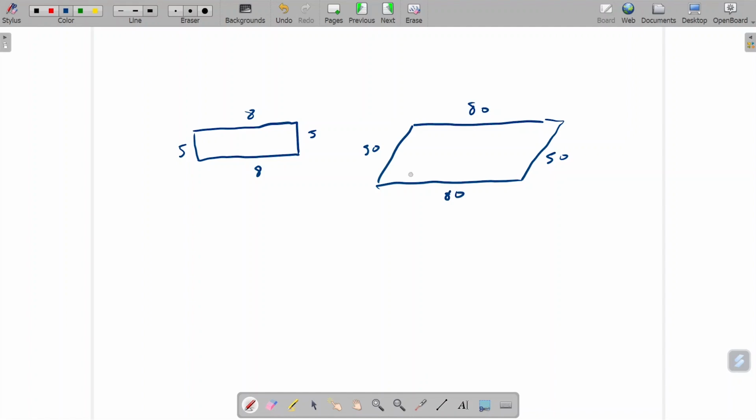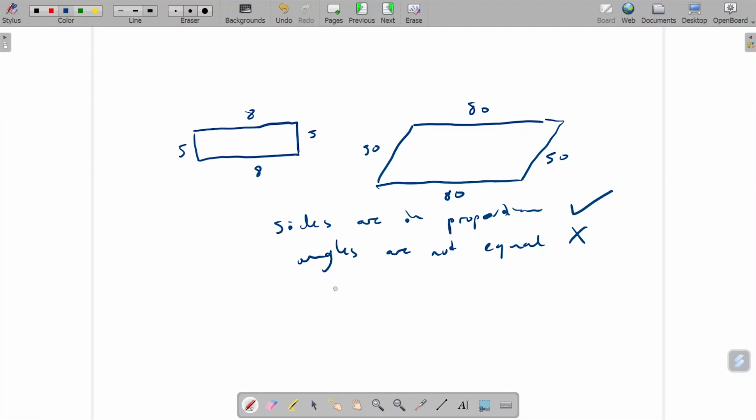In this case, the sides are in proportion. That is true. But because the angles are not equal, these polygons are not similar.